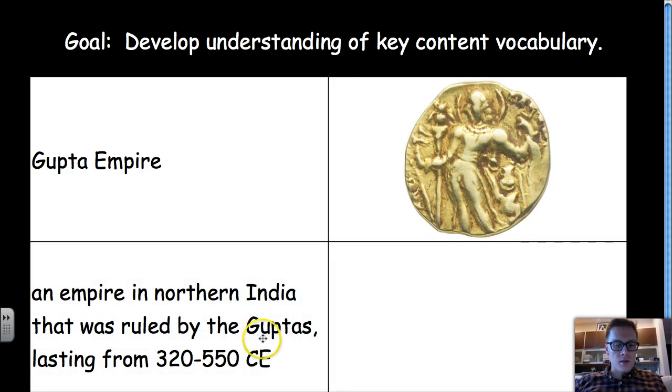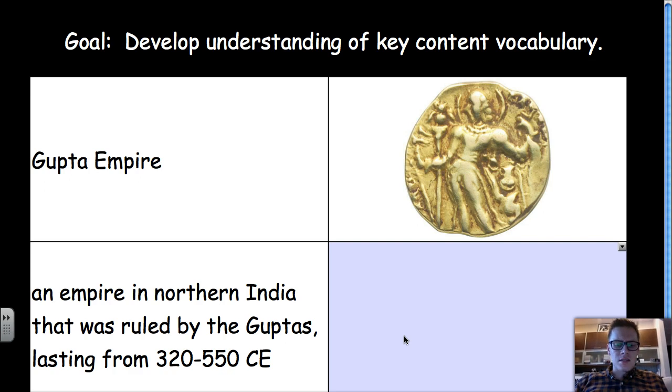Now I have here that it was ruled by the Guptas, and the Guptas were just the royal family that ruled the area. They ruled it by military force, and they also had some marriages. Sons and daughters of the Guptas married into other kingdoms, so they gained power that way.